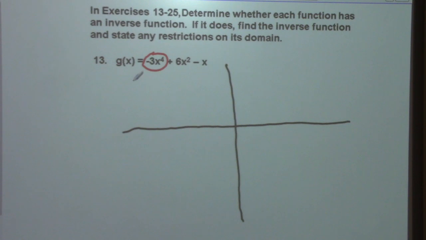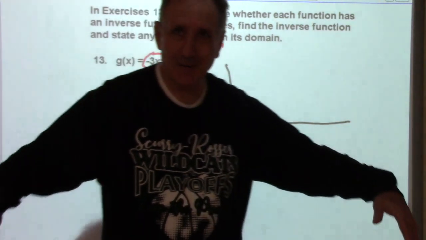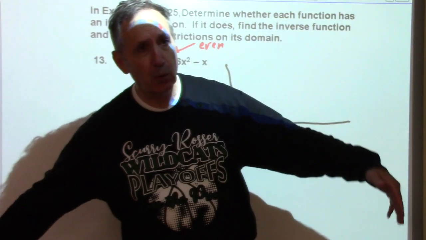And now you're looking at this exponent here, what kind of number is that? Even, right? So what does the combination of even and negative tell you? It tells you the function is going to start low and end low.